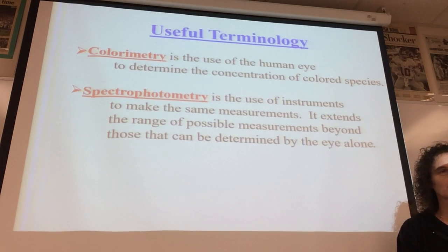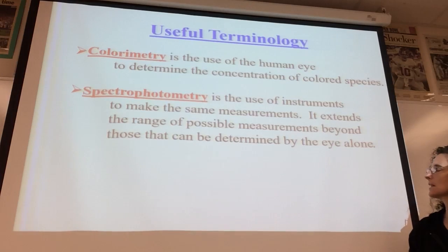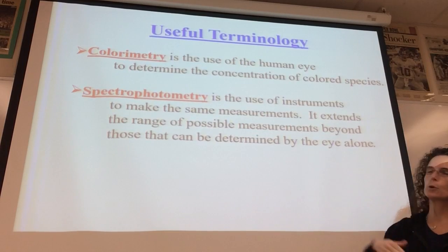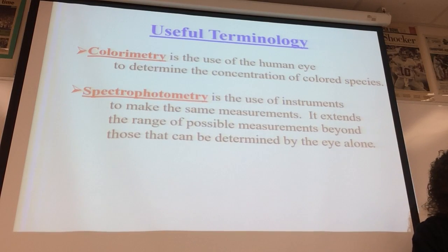So colorimetry you can just see. Nothing special in regard to materials that you need or any type of technology. With spectrophotometry, this is where you're going to use an instrument. You're going to use a spectrophotometer to make the same kind of measurements.